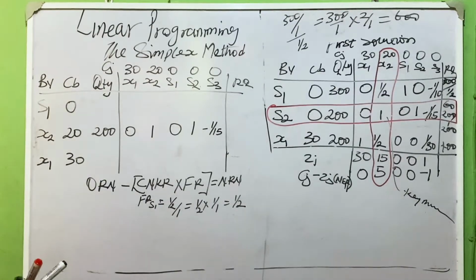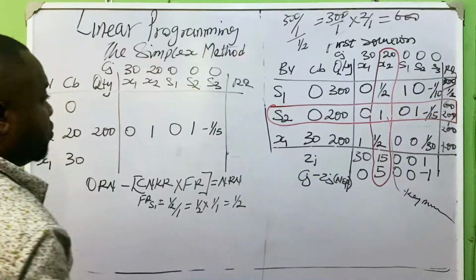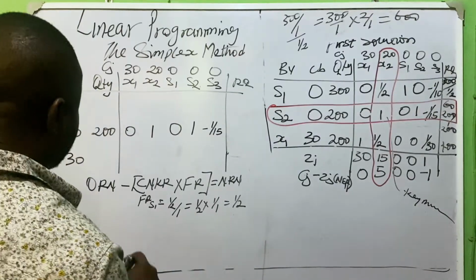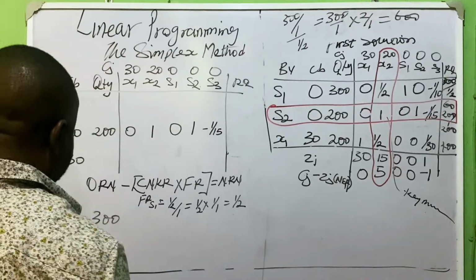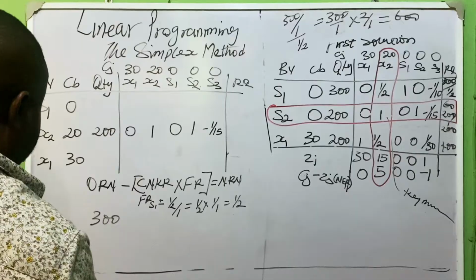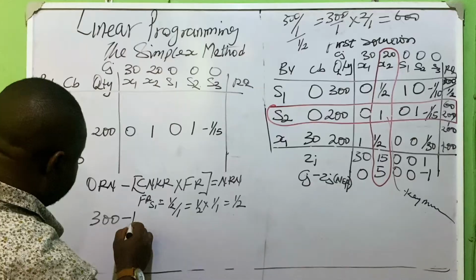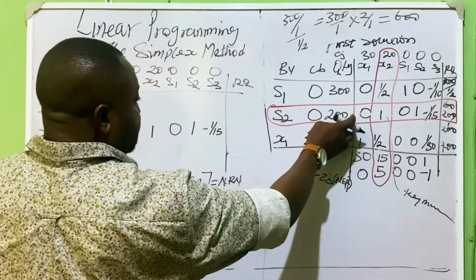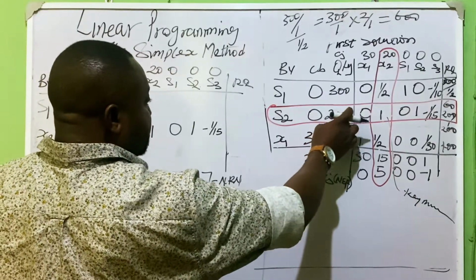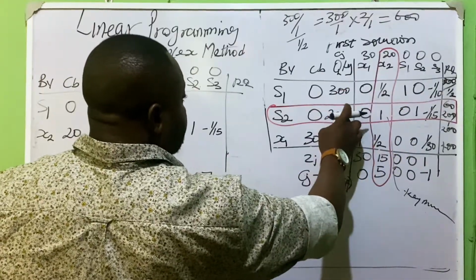So, to transform this 300, which is our positive value for S1, we're going to have the old row number, which is 300, minus the corresponding value to this in the key row, which is 200. So 300 corresponds to 200.